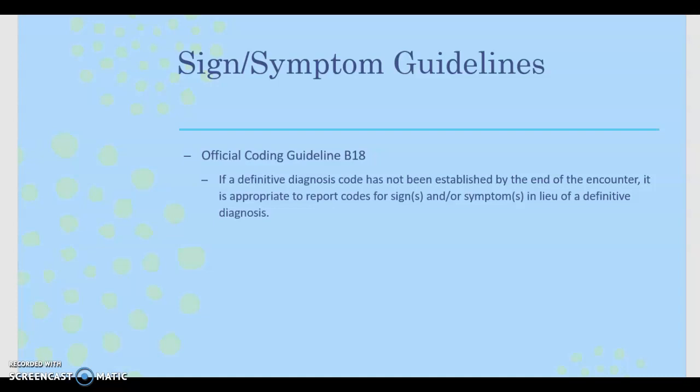Then we would code the abdominal pain as our diagnosis because we do not have a definitive diagnosis. But if the physician diagnoses the patient with appendicitis and is going to take that patient to surgery to have an appendectomy, then we code our definitive diagnosis as appendicitis. We do not code the abdominal pain because it is part of the appendicitis.